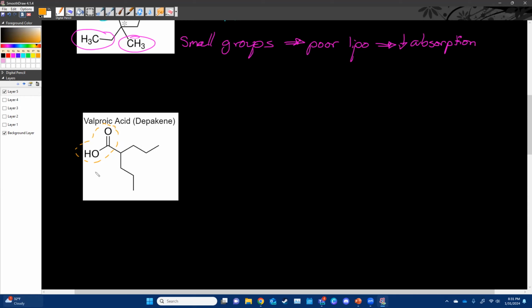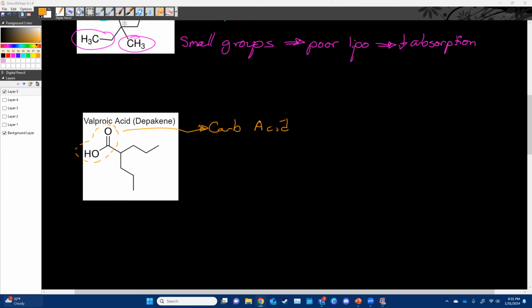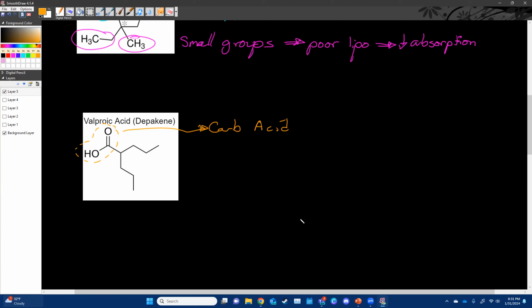Valproic acid, really the big component of this is that it has a carboxylic acid. That's what it is, right? The other thing that I will just show you real quick.